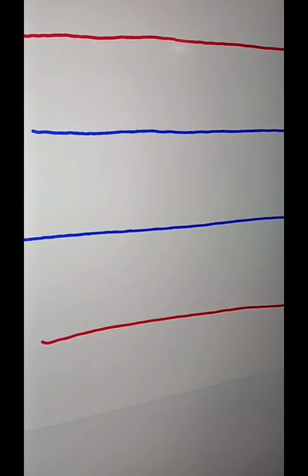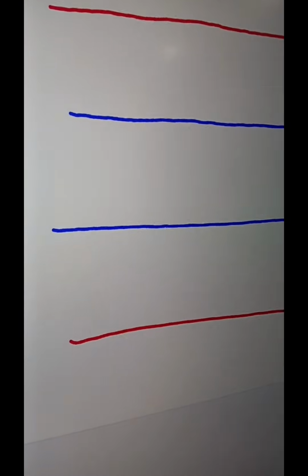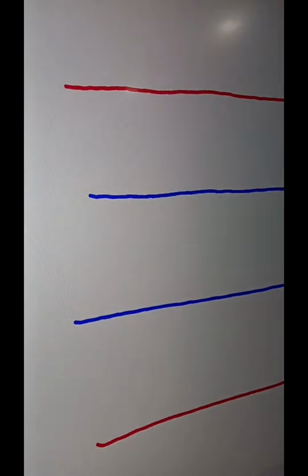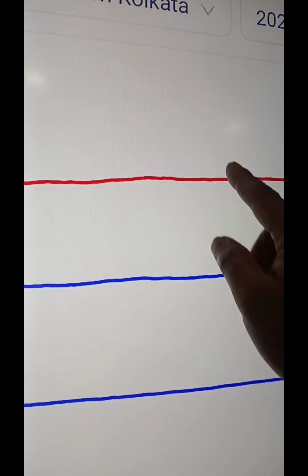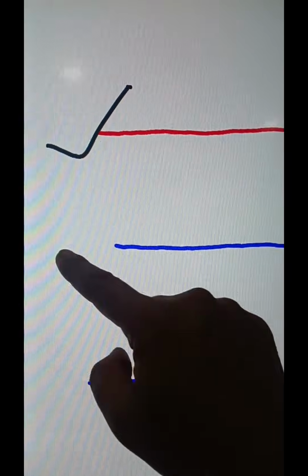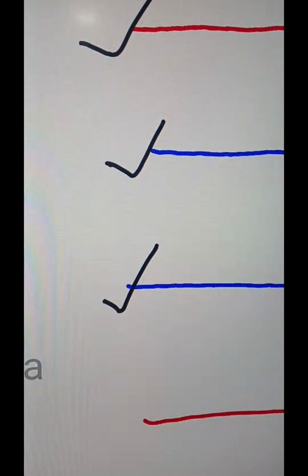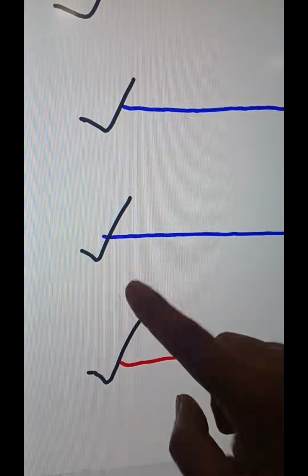Now we will know how to write letter R by following all these 4 lines. As I have already informed you, there will be 4 lines in our English copies, and each line has its individual name. The first line is called skyline, the second line is called airplane line, the third line is called grass line, and the fourth line is called worm line.